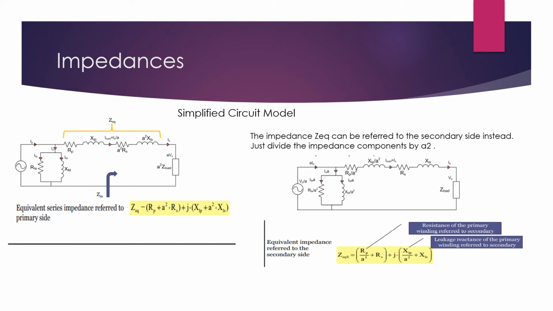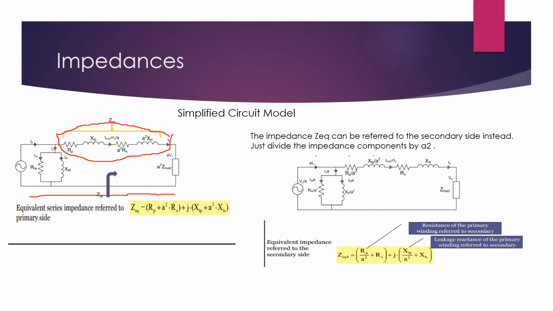Next are the impedances. As you can see, there are two examples of equivalent circuits of a practical transformer. On this side, the equivalent series impedance is referred to the primary side. Notice that the components here are connected in series, so Z equivalent is just the sum of all of these components.